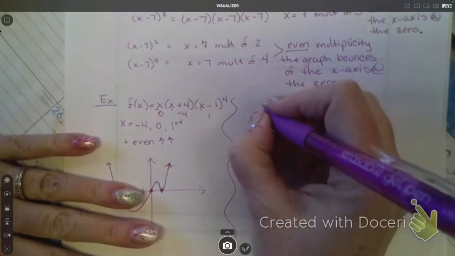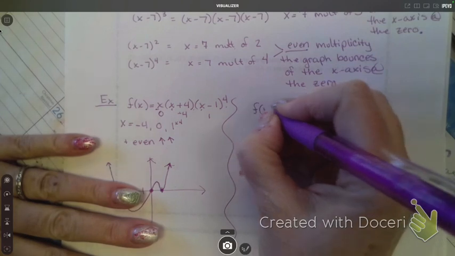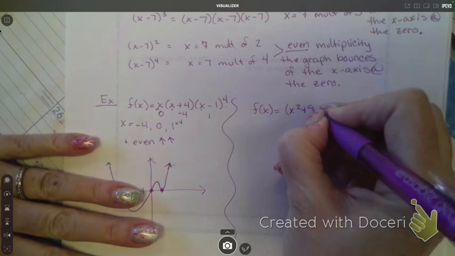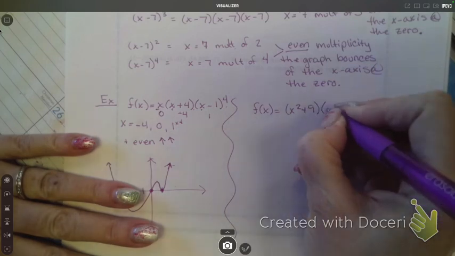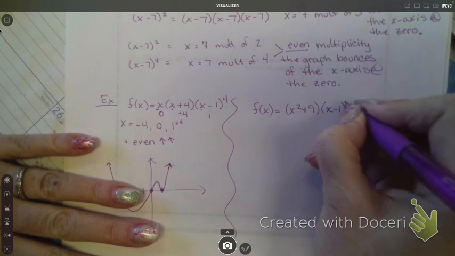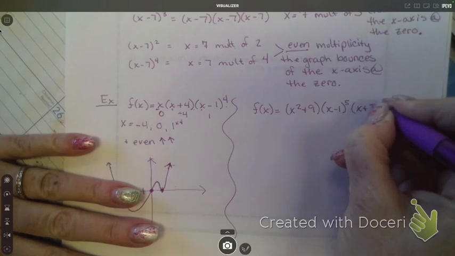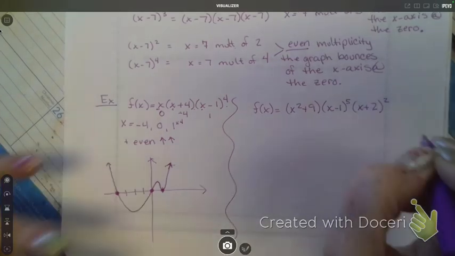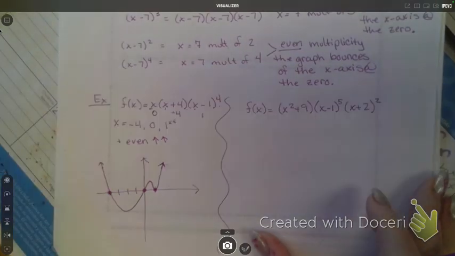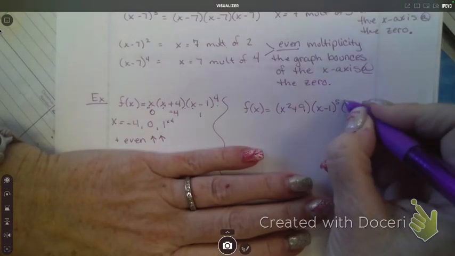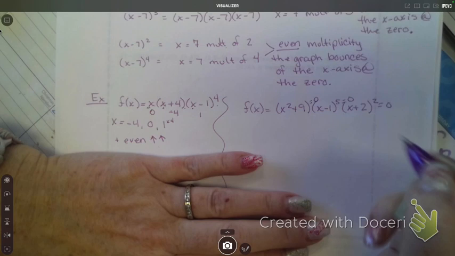So f of x equals x squared plus 9 times x minus 1 to the 5th times x plus 2 squared. So the first thing I do is set everything equal to 0. Okay.